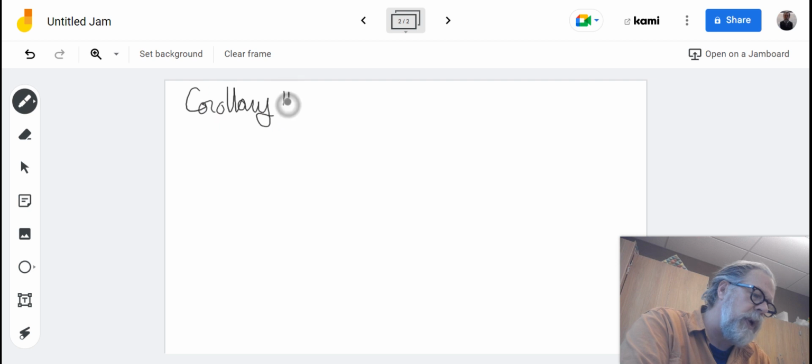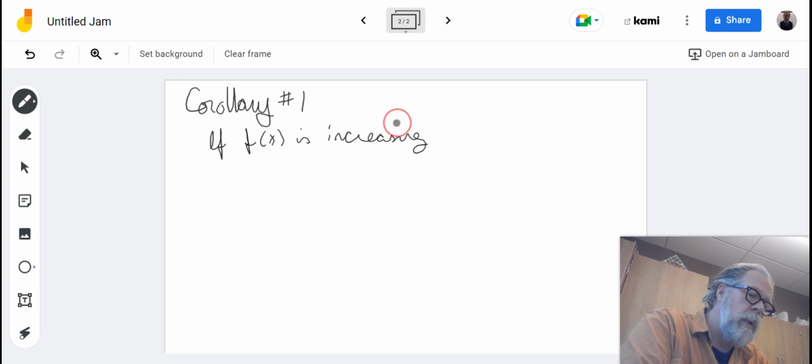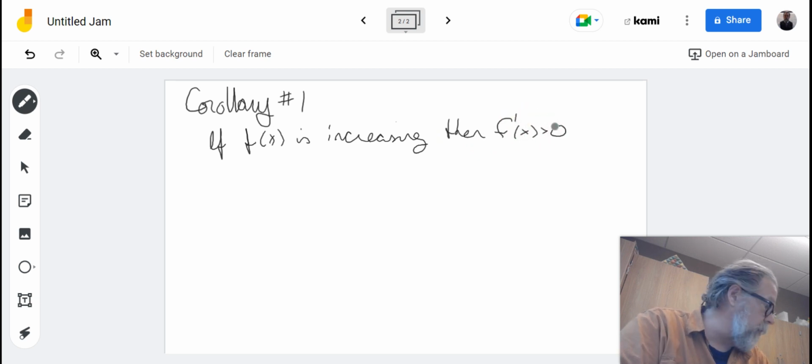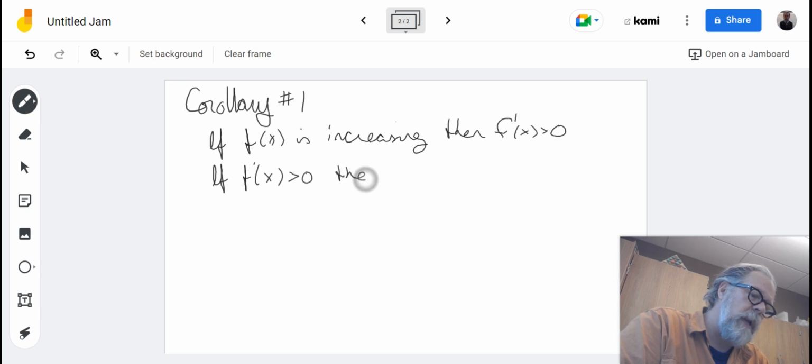Corollary number one is that if a function is increasing, then the derivative is greater than 0 for all x in the interval. And if the function has a derivative greater than 0 for all x in the interval, then the function is increasing.